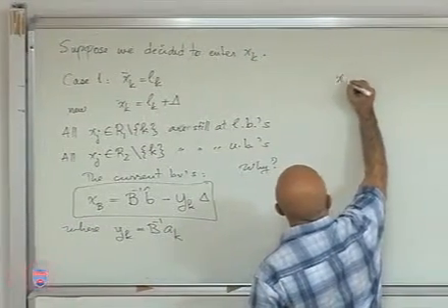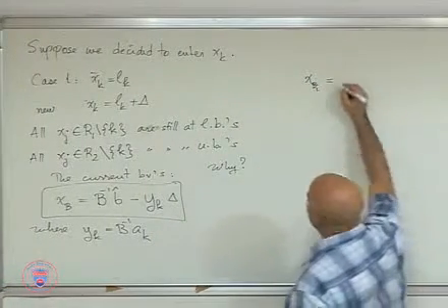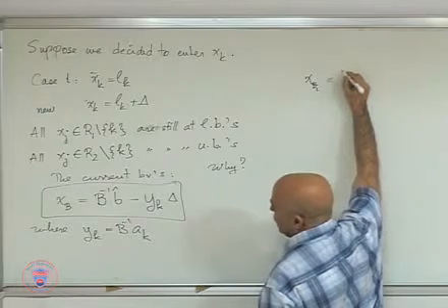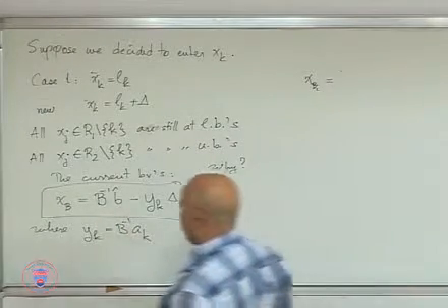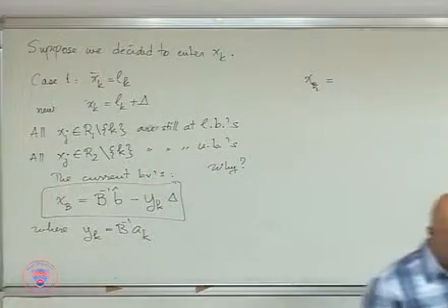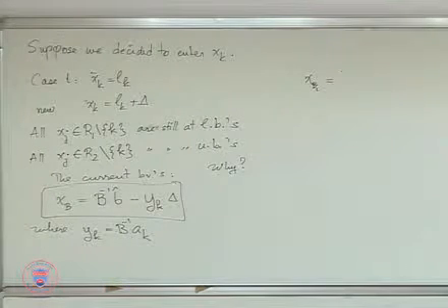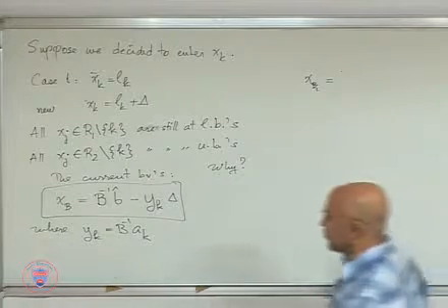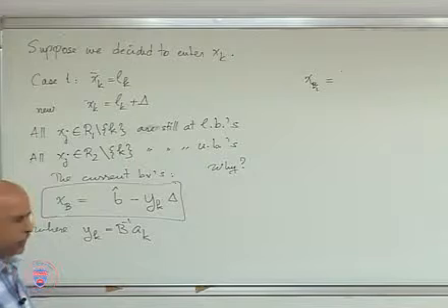So let's just write it this way. x_Bi will be the current value. Is this B inverse? It's B cap. This is already B cap, sorry.